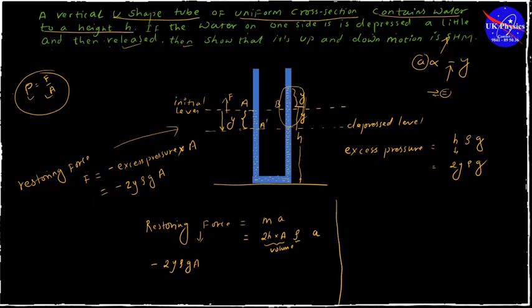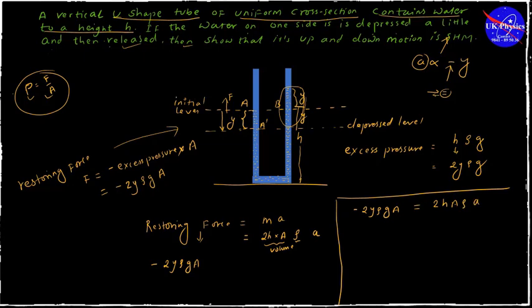So simplifying these equations, we get minus 2y rho g A equals 2h A rho a.